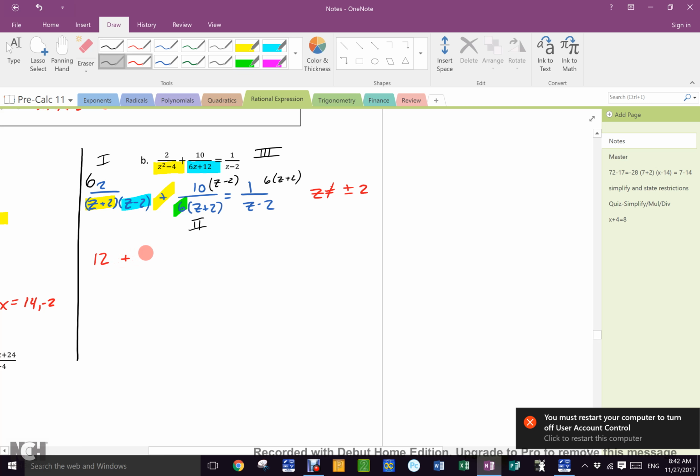12. Plus. What, should I leave this way, or should I distribute that 10 in? Do you think? Does it matter? Previous to now, we wouldn't have distributed that in, yes?